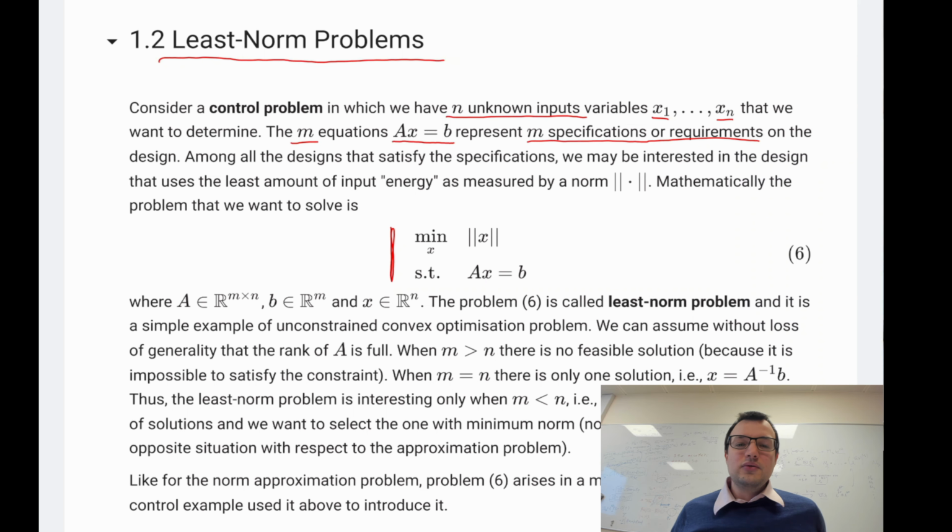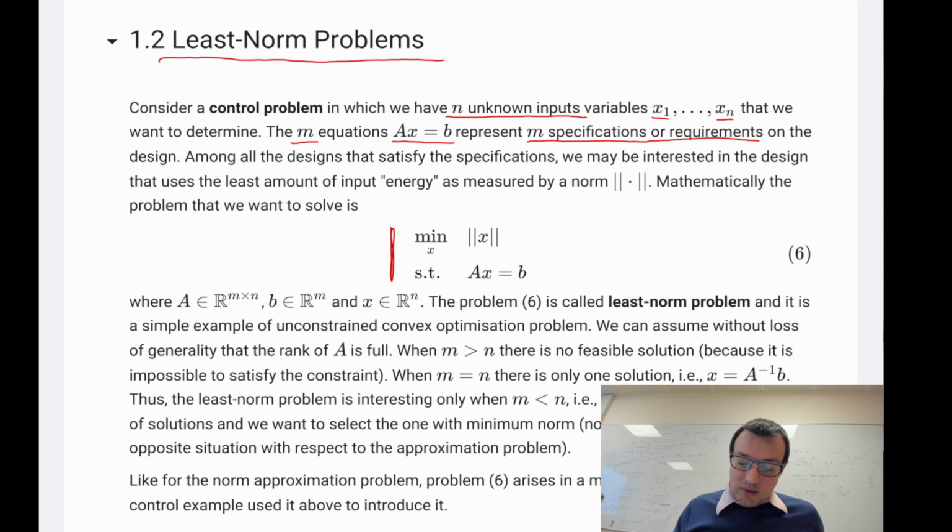If A is not full rank, we just discard the redundant equations and then it becomes full rank. We have to consider that when m is greater than n, there is no feasible solution. This is because we need to satisfy the constraint, and if we have more constraints than variables, then the problem is unsolvable, it is infeasible.